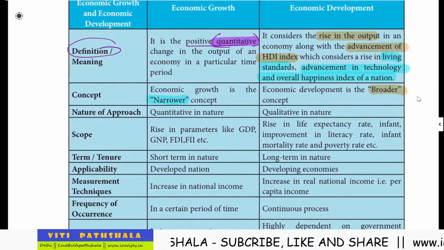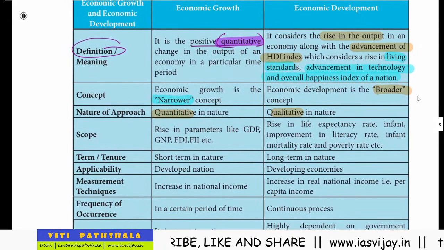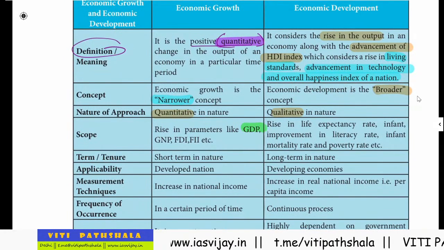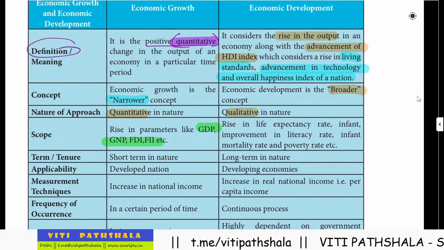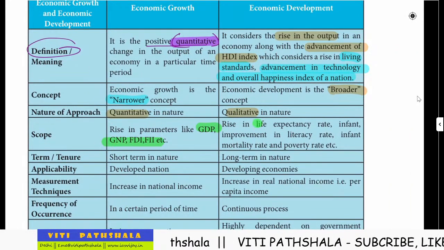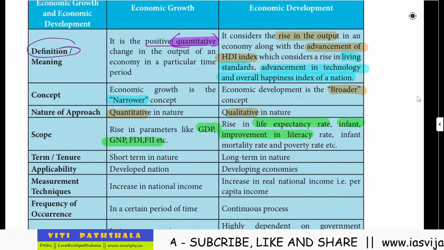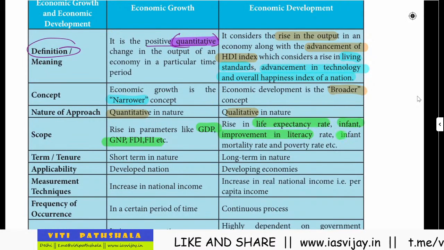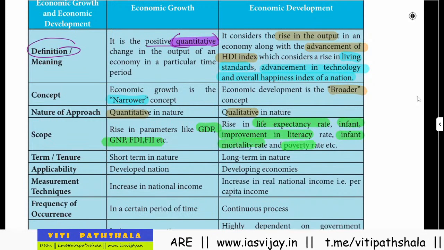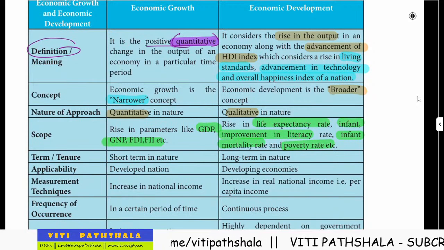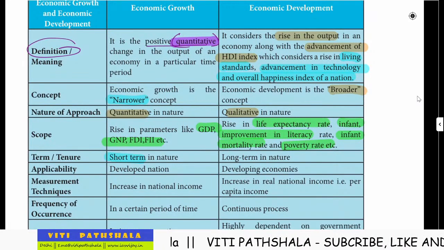Now, quantitative and qualitative. The rise in parameters is determined by GDP, GNP, FDI, FPI. Then you have the life expectancy rate, infant mortality rate, improvement in the literacy rate, and the poverty rate. Now, this is short term, this is long term.